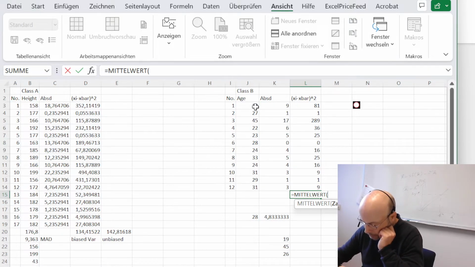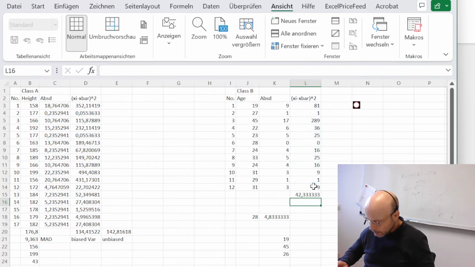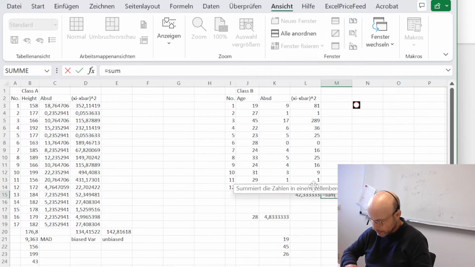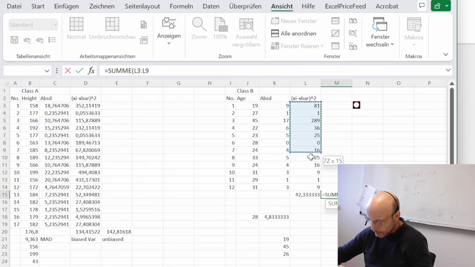So where is my mouse? It's here. Closing brackets and equal sum divided by 12 minus 1.